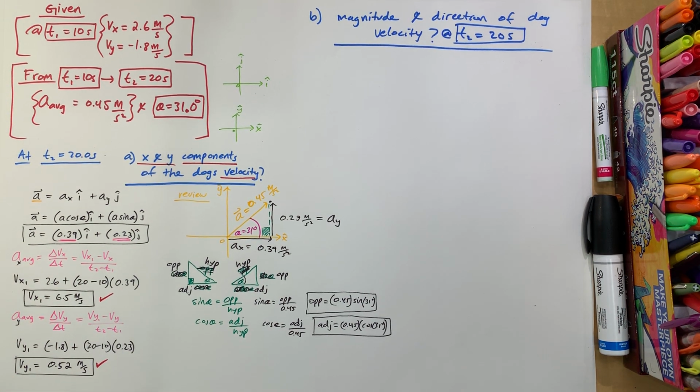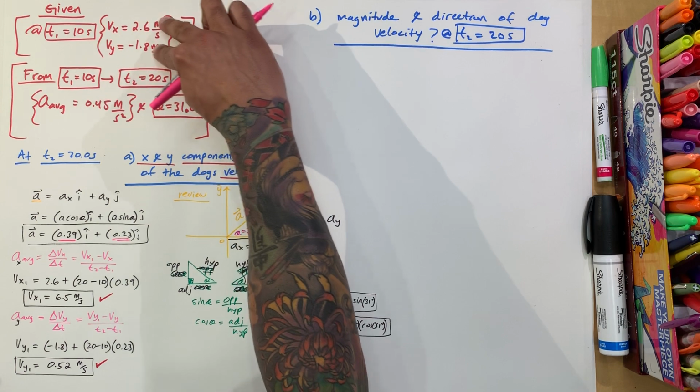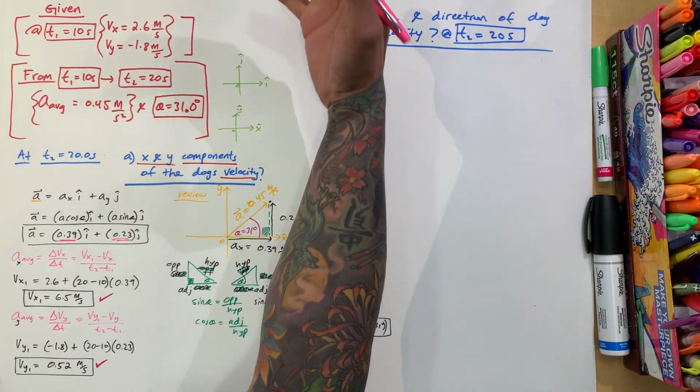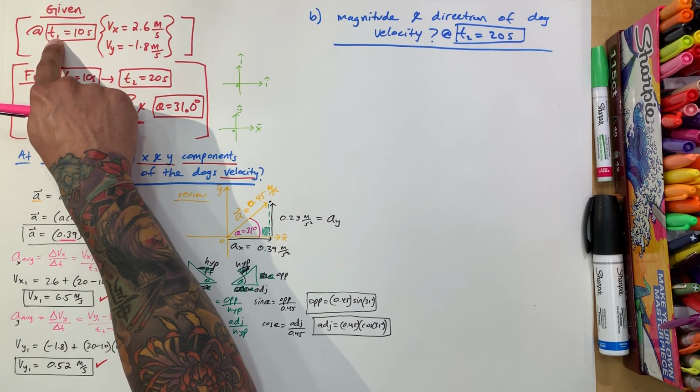Okay, so right now we have the initial velocity that the dog was coming in with at t equals 1, which is 10 seconds.